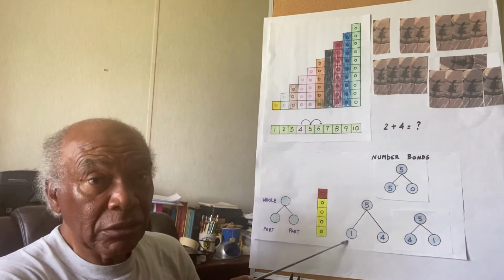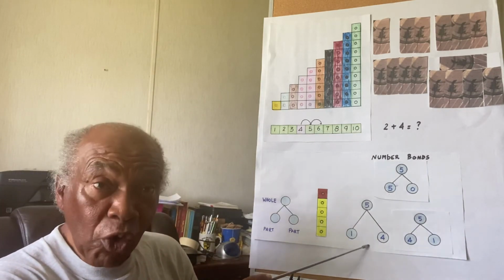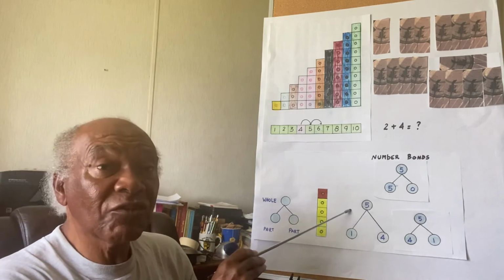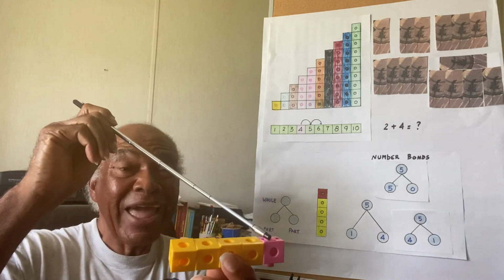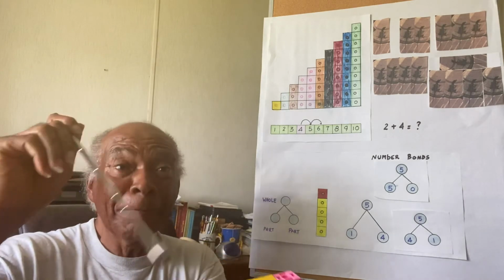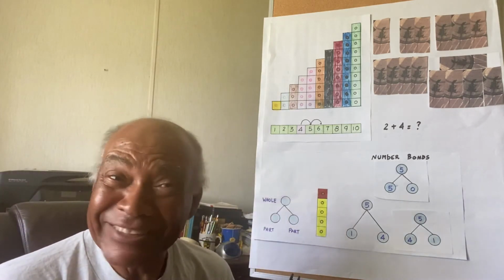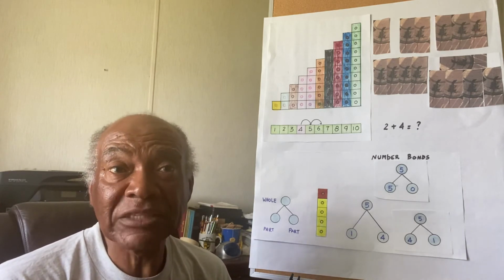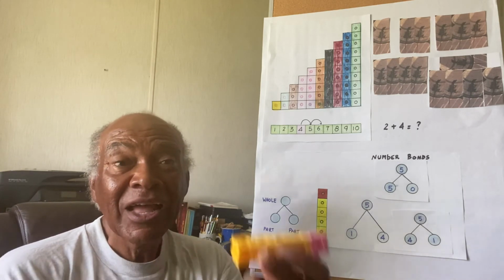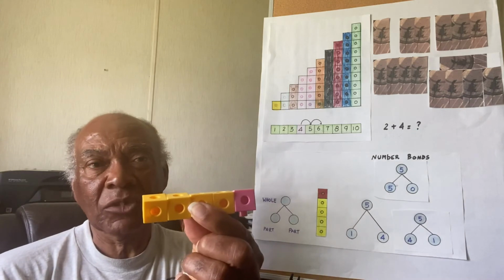If you notice, when you say 1 pink plus 4 is equal to 5, 1 and 4 makes 5. That is correct. Now, look at this.